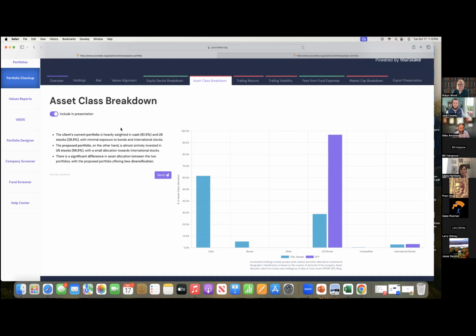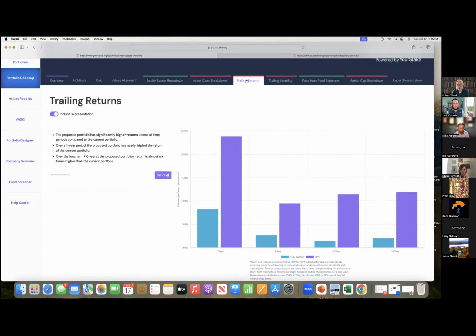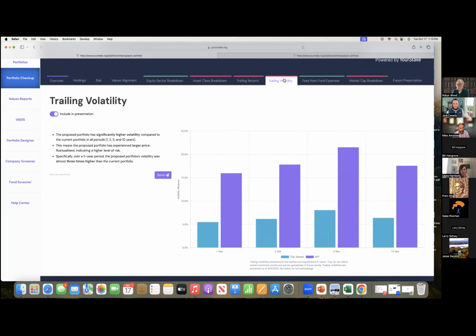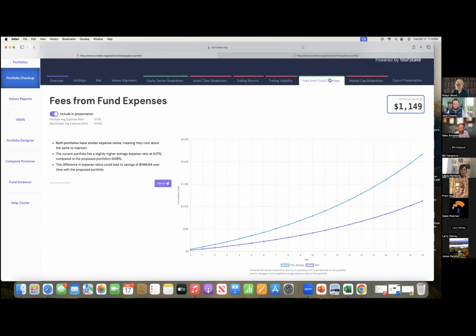So we just have some statements over here of what the analysis is pulling out. Trailing returns, methodology is listed under here. Volatility, 1, 3, 5, and 10-year, and fees from fund expenses.